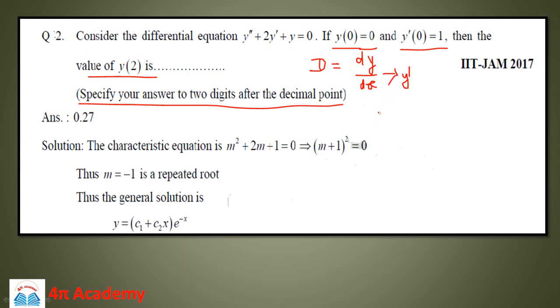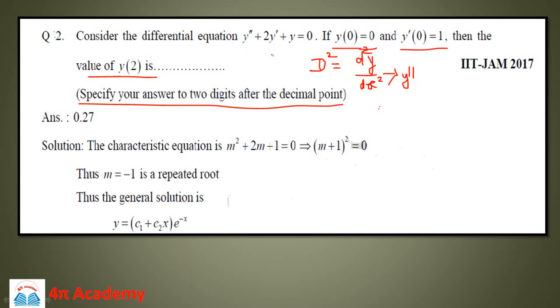Or the operator D square, which is d2y by dx square, can also be written like y double dash. So y double dash means that this is the double derivative.